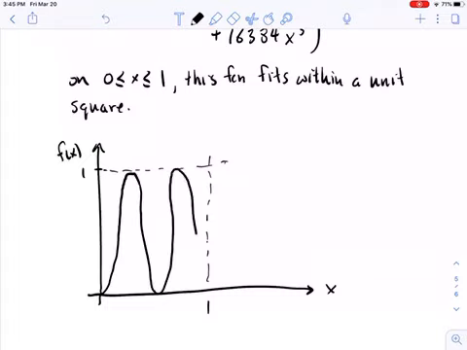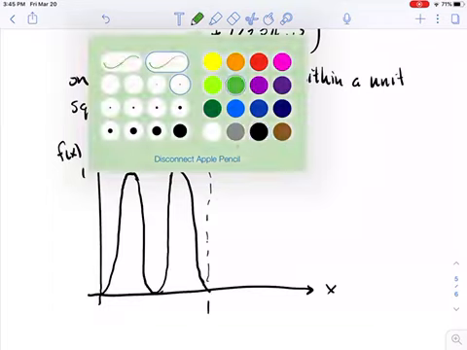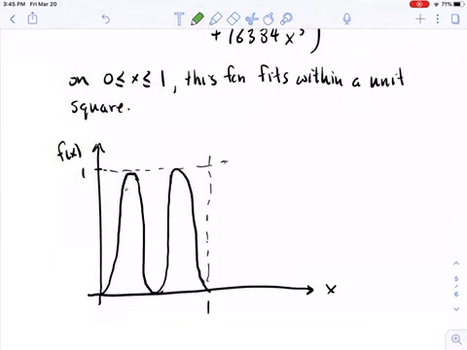And so this isn't perfect, but it looks something like this. I can maybe improve it slightly over here. Let's see if I can draw this slightly better. Okay, we'll accept that.